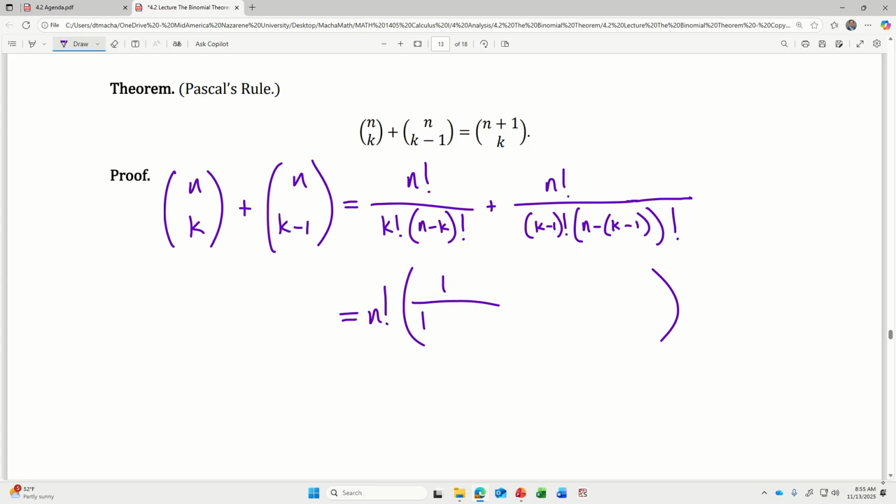Sometimes I like to rush ahead and do a whole bunch of steps all at once, but maybe it's better to just do one step at a time. Like when I have n minus k minus 1, that's the same thing as n plus 1 minus k, because you distribute the minus sign and 2 negatives make a positive on the 1.